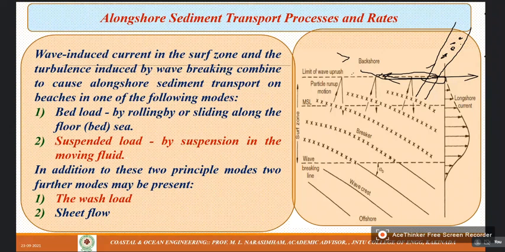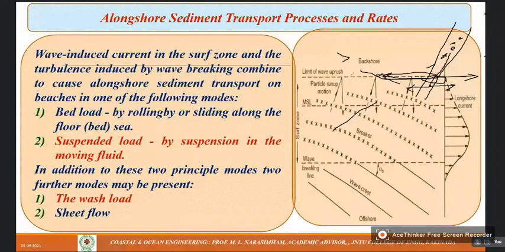But the fine material, without getting deposited near the shore, will be directly carried, and due to the wave action, it will be traveling in the form of a suspension.